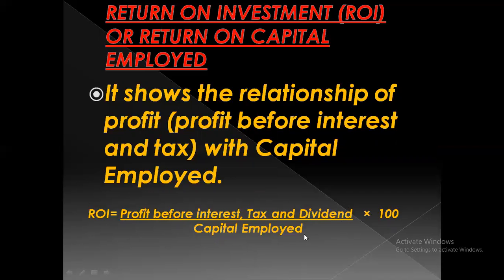This capital employed is calculated in two ways. From the liability side, this is shareholder fund plus non-current liability. From the asset side, this is non-current asset plus current asset minus current liability. So this is also calculated in percentage.